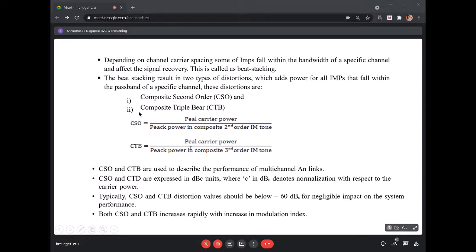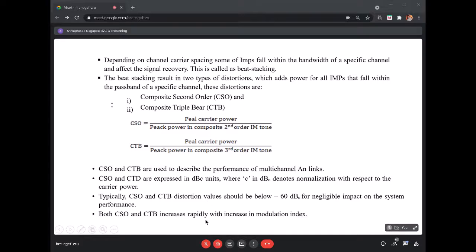Fine. Then this CSO and CTB are expressed in dBc units. The dBc denotes normalization with respect to C, that is, the carrier power. Usually this CSO and CTB have to be in the range of minus 60 dBc for a small impact on the system.